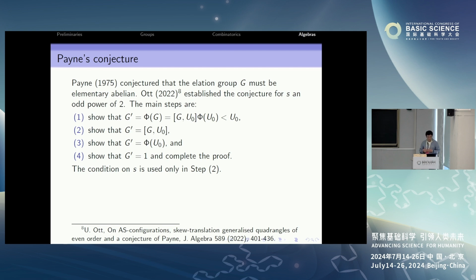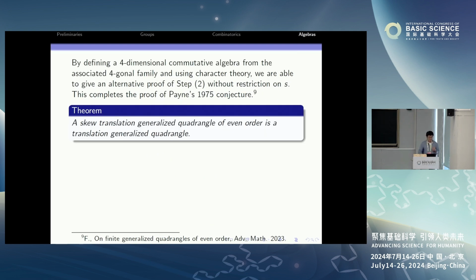So there are 4 main steps. It's purely group theoretical. It's very, very simple group theory. The condition on s, which requires s to be an odd power of 2, is only used in the second step. So what I did is find an alternative proof of the second step without restriction on s.